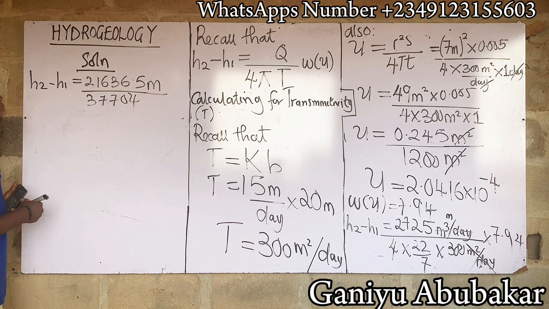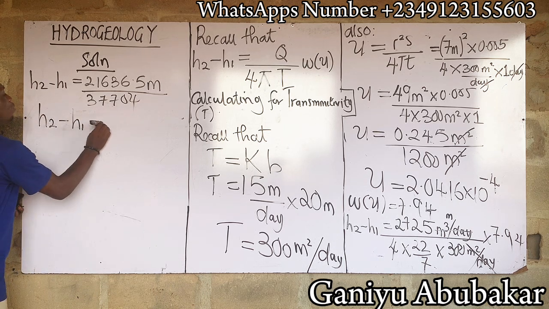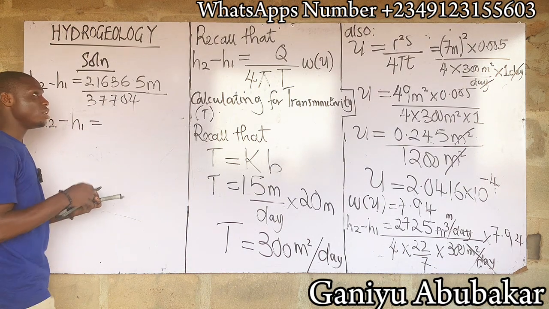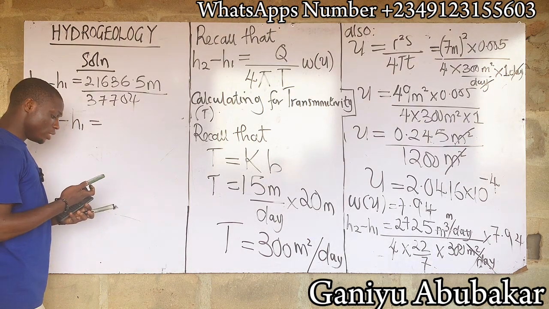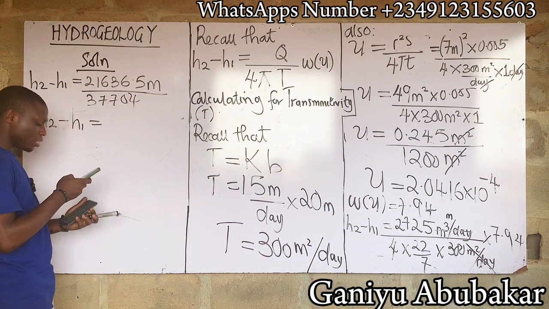Divide numerator by denominator. I'll have h2 minus h1, which is the what? The drawdown, or what language they used. The language was the drawdown, right? Let me check. What is the drawdown?